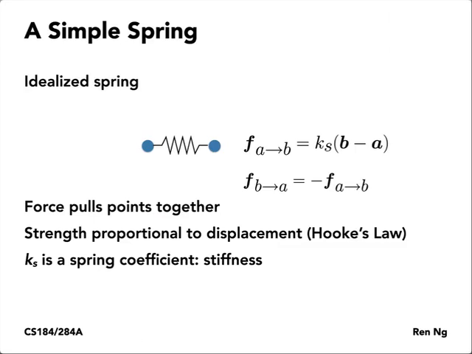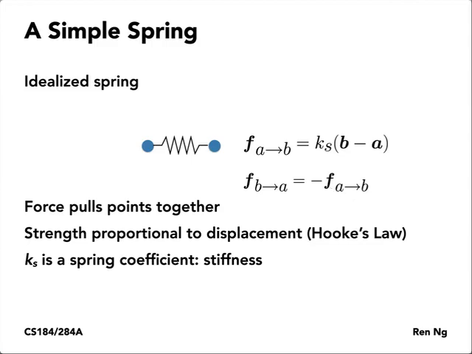So in this idealized spring model, say we have two particles, often referred to in this lecture as particles A and B. So the force from A to B is equal to some constant, k sub s, the spring constant, times B minus A. And the boldface here for B and A refers to the vector locations, 3D vector locations of particles B and A. Okay, so B and A you can think of as 3D vectors. And the force that pulls B towards A is equal to the inverse of this. Okay, so negative of the force A to B.